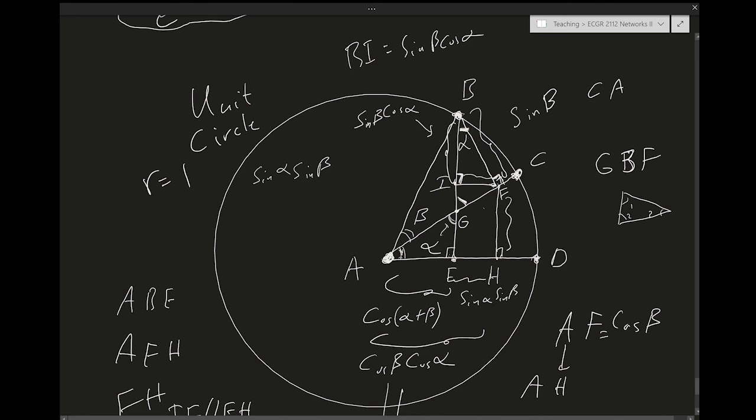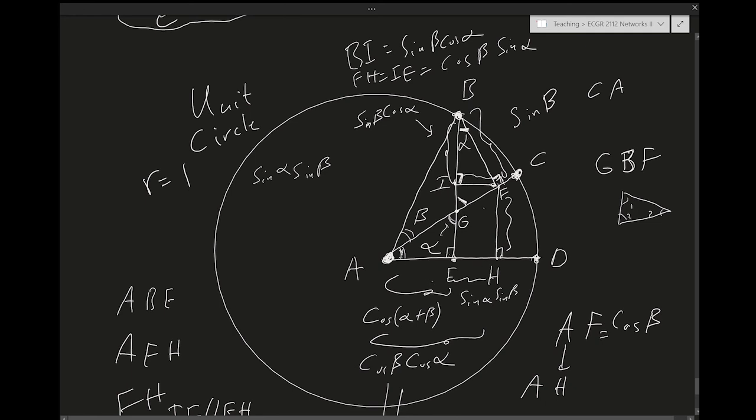So this is BI, and FH, which equals IE, equals what? This line FA is going to be cosine beta, so this one is going to be cosine beta sine alpha. It's the sine projection.